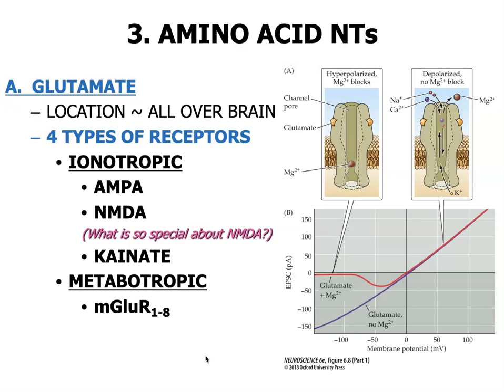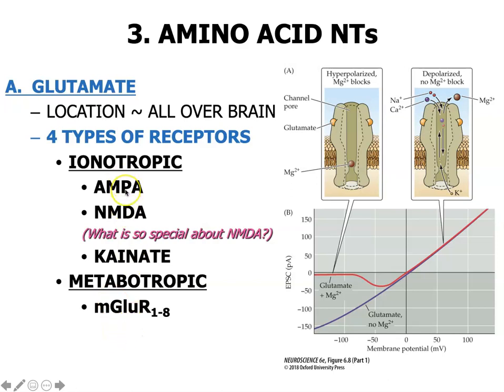So if we take a look at the different types of receptors, the glutamate neurons are found all over the brain, as the slide indicates, but there are different types of receptors that it will use. I mentioned the 3 ionotropic receptors, AMPA, NMDA, and kainate. But then there's also metabotropic glutamate receptors, so both ionotropic and metabotropic.